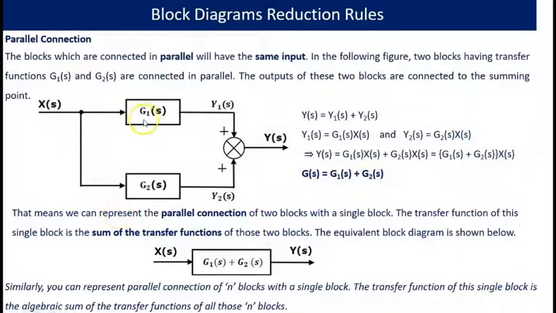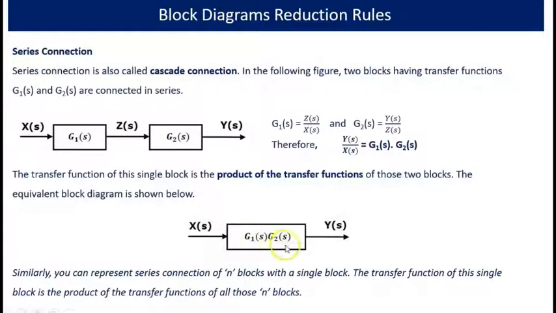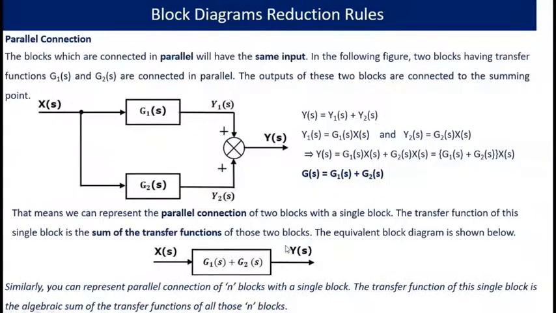So here also we can represent the parallel connection of two blocks with a single block. What will be the transfer function of this single block? That is the sum of the transfer functions of these individual blocks. If it is connected in series, the transfer function of the single block is the product of individual transfer functions.